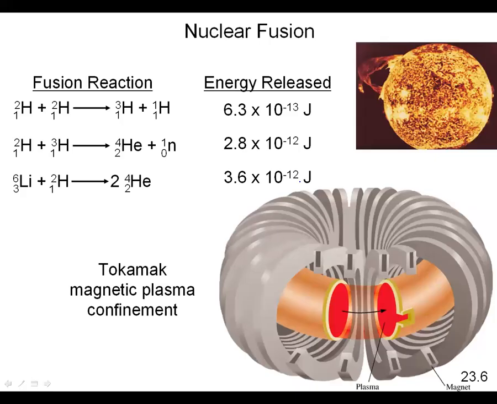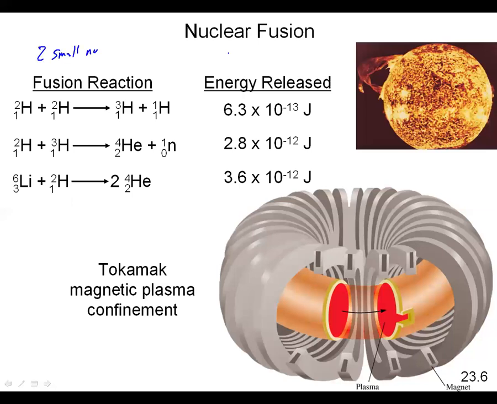So that brings us to nuclear fusion, and fusion is a little bit different than fission. In a fission reaction, we bombard something, it becomes unstable, the nucleus splits off. In a fusion reaction, we basically take two small nuclei and combine them into one nucleus.